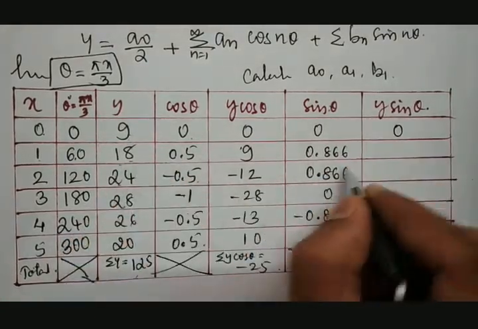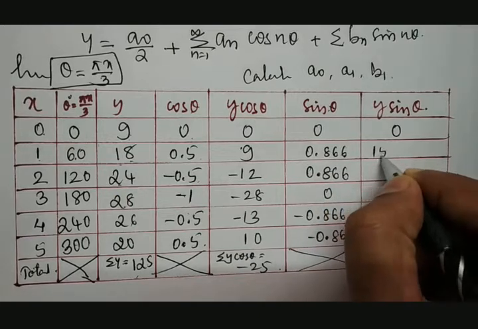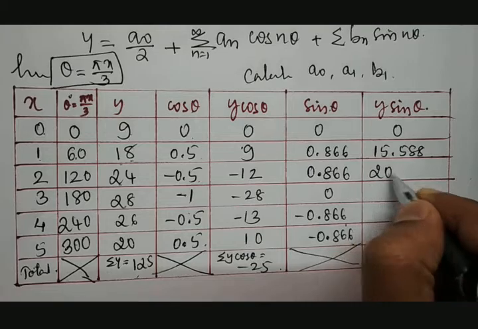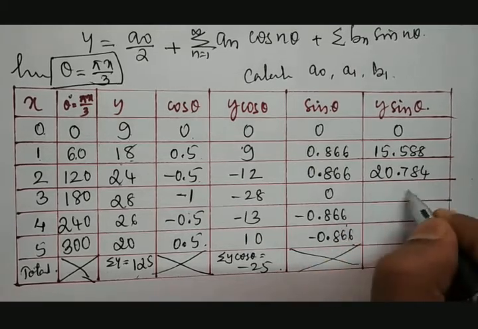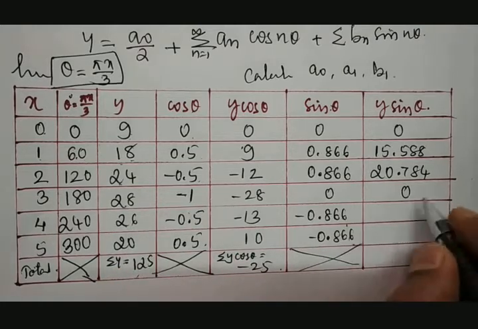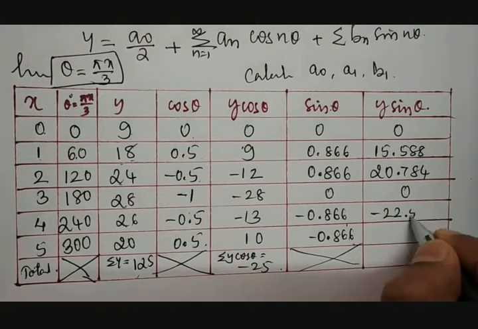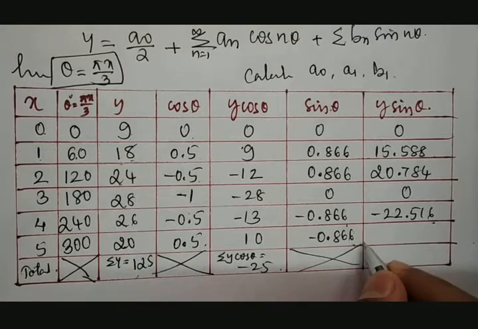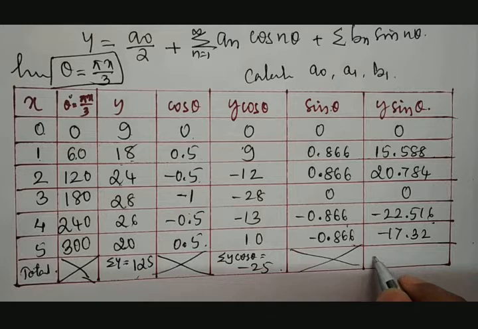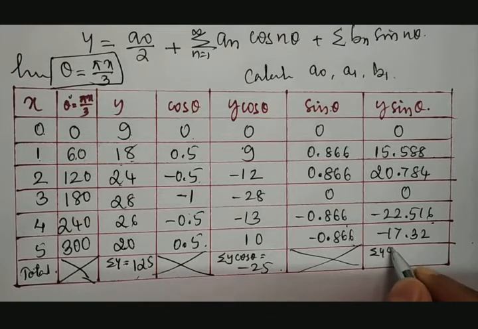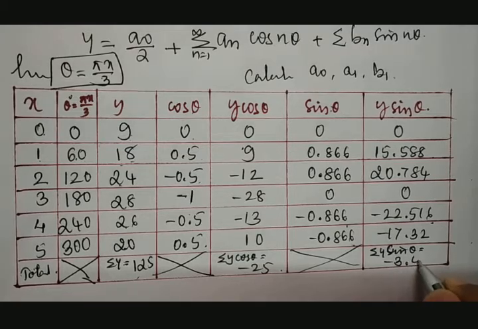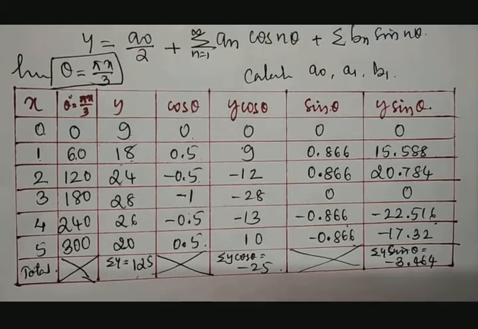So 9 into 0 is 0. 18 into this will be 15.588. Then 20.784. 0. Then 26 into this will be minus 22.516. Then 20 into this will be minus 17.32. Therefore, summation of y into sin theta is equal to minus 3.464.